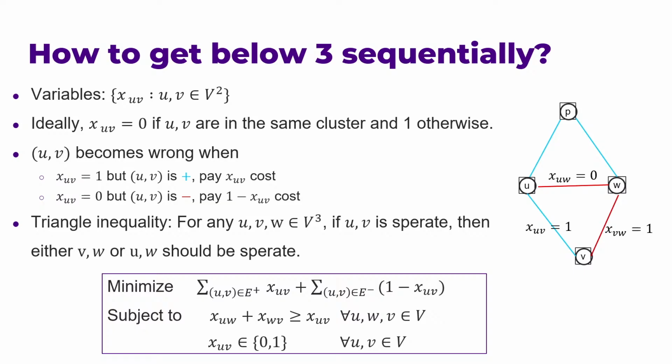But whenever x_uv is 1, it means we separate these nodes. Let's take an example here. If we separate u and v, what happens? Consider a third node w. u and v are in different clusters, so either u and w will be in different clusters, or v and w will be in different clusters, which means the sum of x_uw and x_vw is at least 1. So this is the triangle inequality here.